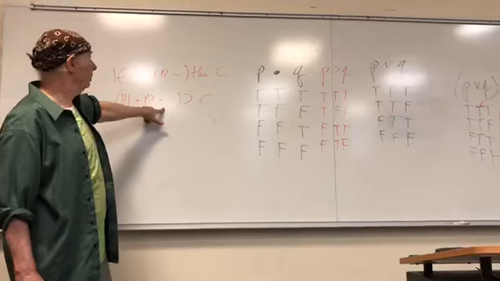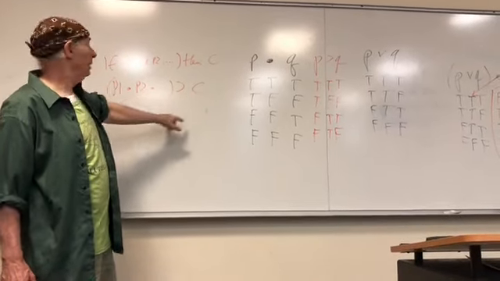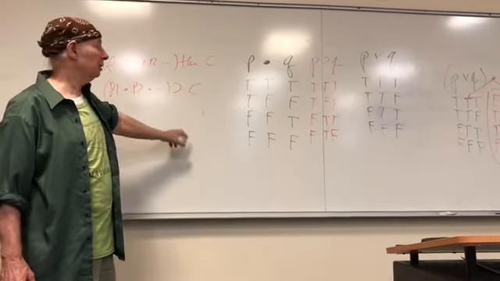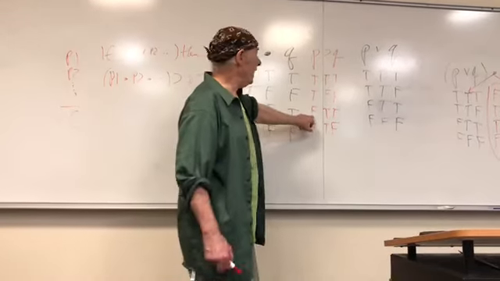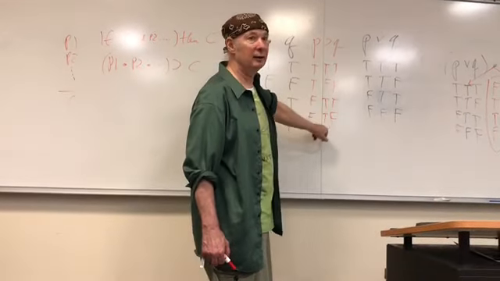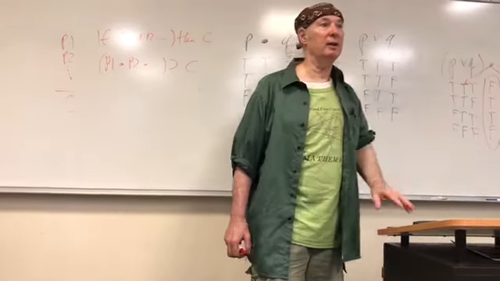So if your premises are true and your conclusion true, valid. Premises true, conclusion false, invalid. Premises never true, valid. And that's why you have a T there.